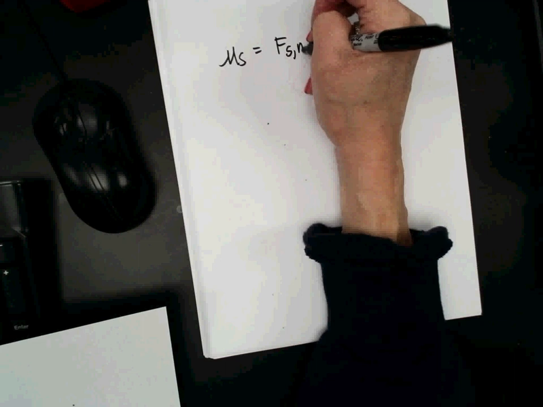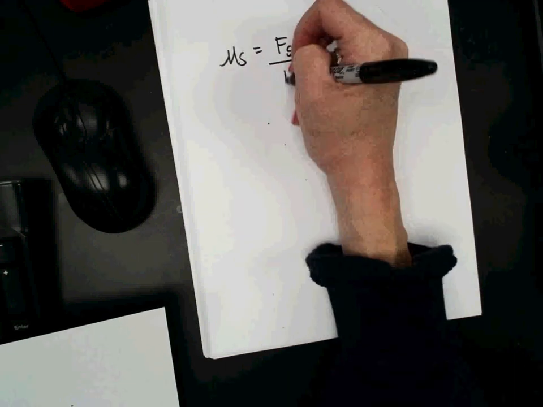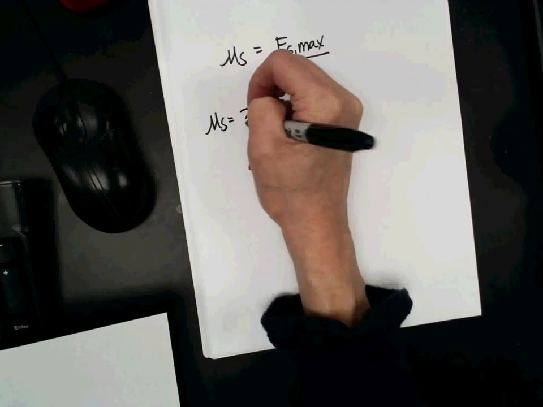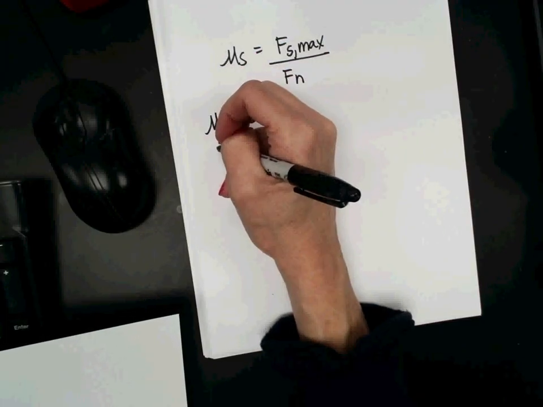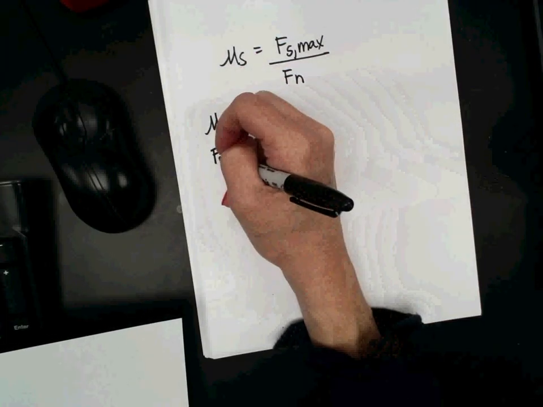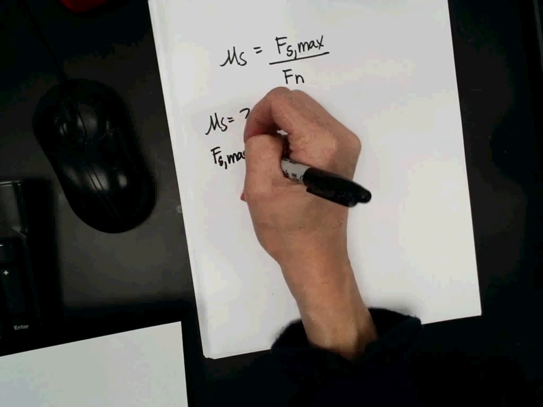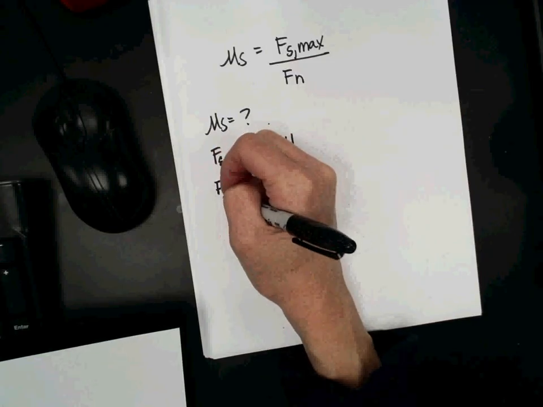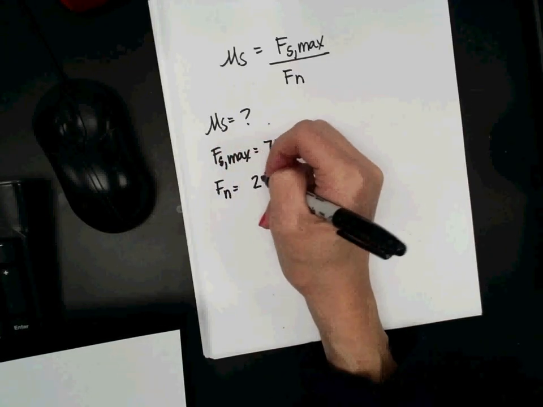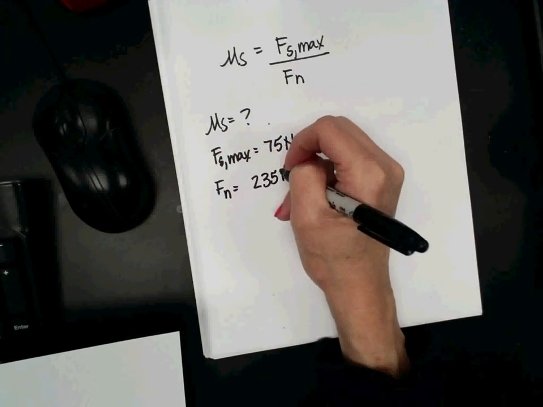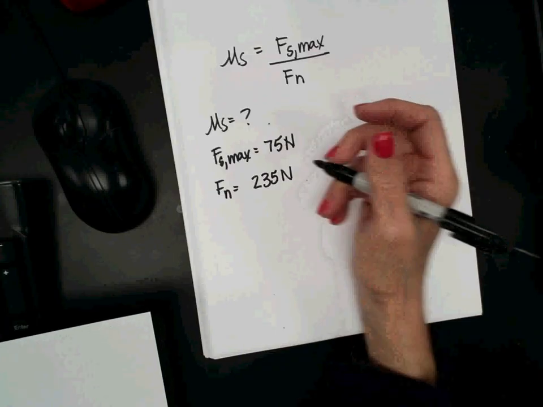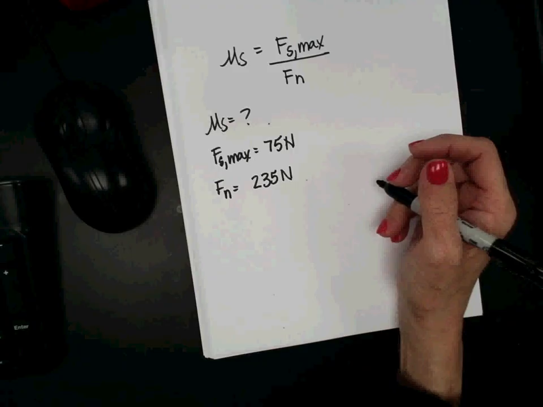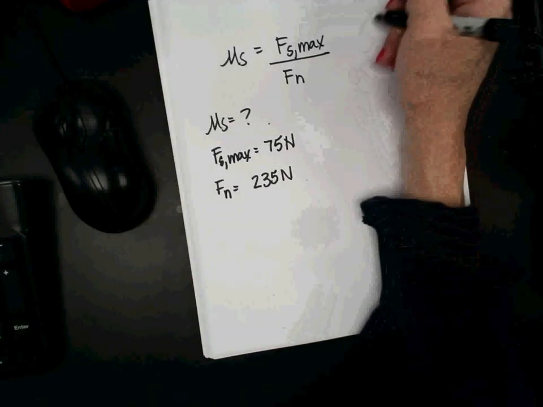So I'm going to carry this over. I'm trying to find mu s, which is equal to F sub s max over Fn. I know Fs max is 75 newtons. I know my Fn is equal to 235 newtons. And I can plug those things in and find my coefficient of friction.